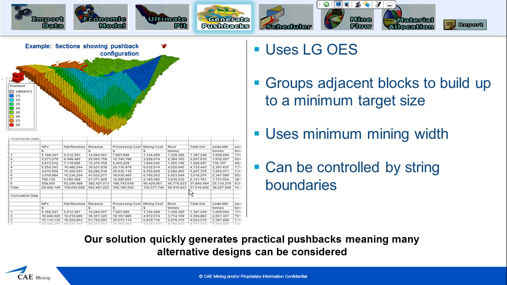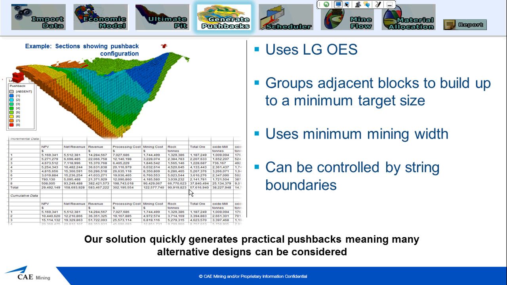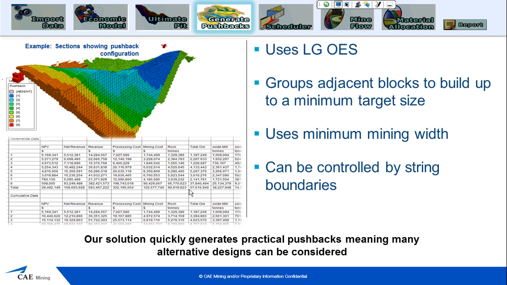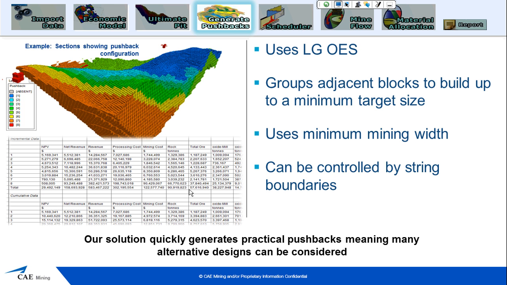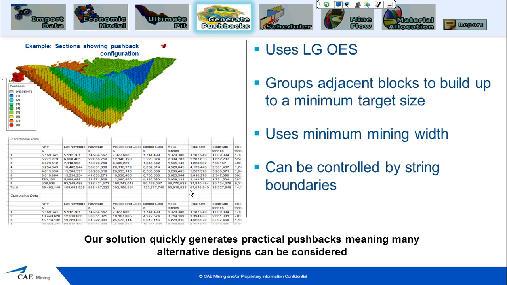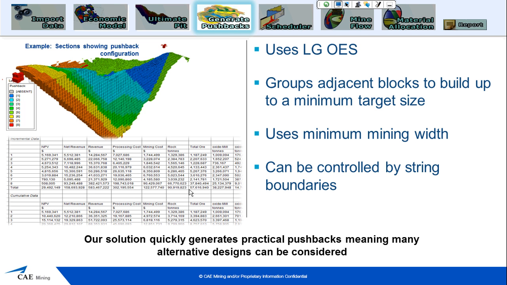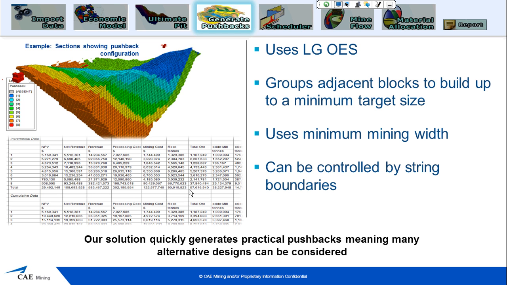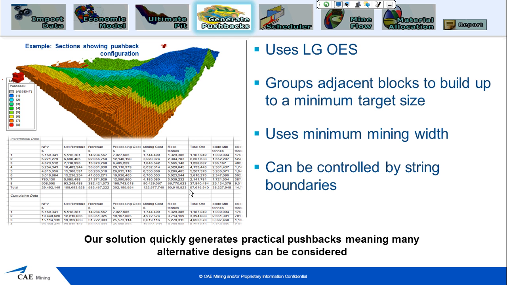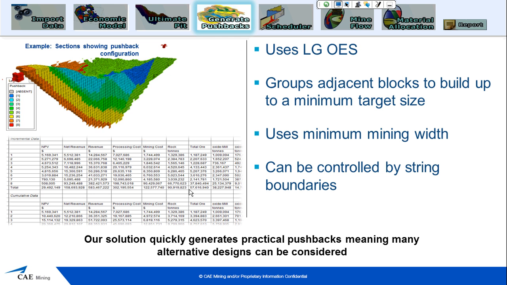So with our pushbacks, they are using the OES from the Lurch-Grossman optimization. And we're able to specify a target size for the pushback, and the system will go through and create a pushback that has at least the amount of ore that you specified. Another thing that it forces is it will take blocks that are adjacent or touching.